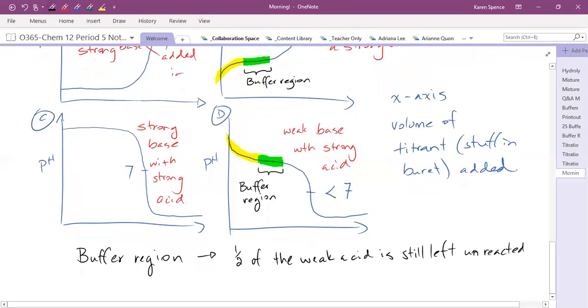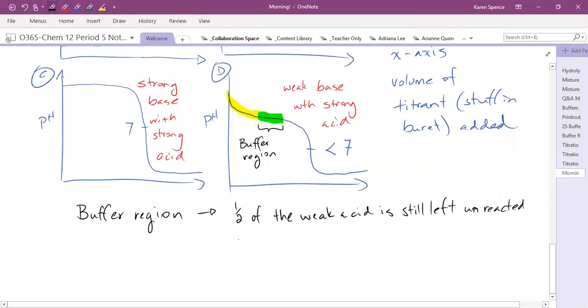And half of the weak acid has been turned into its conjugate base.